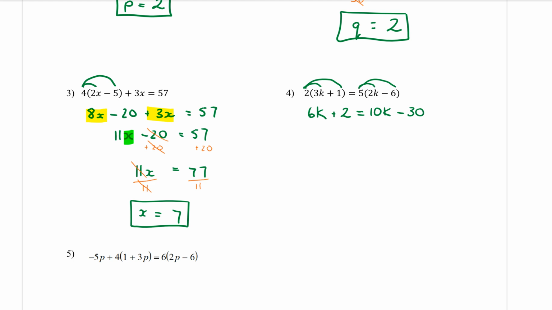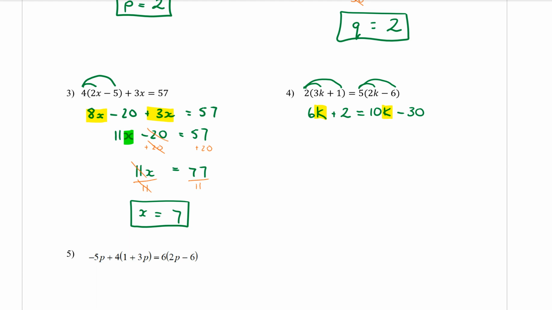Okay, we do have k, 2 of them, 1 on each side of the equation. This is what we were focusing on last lesson. If there is a k on each side of the equation, then you want to move the smaller one. So 6k and 10k, which one's smaller? 6. Now, I want to move the whole term. So it's a positive 6k.